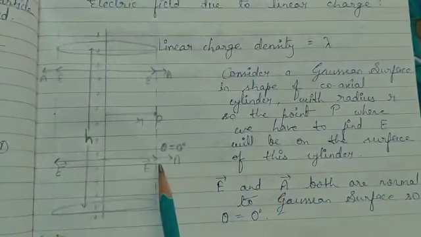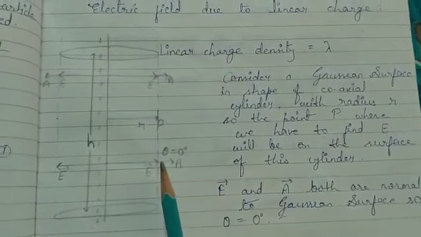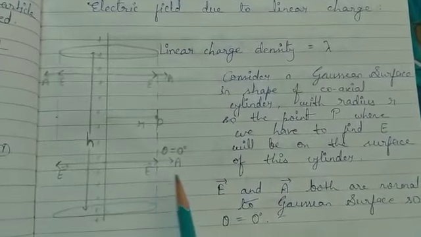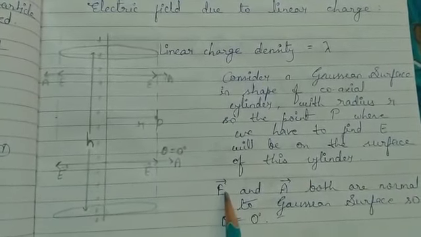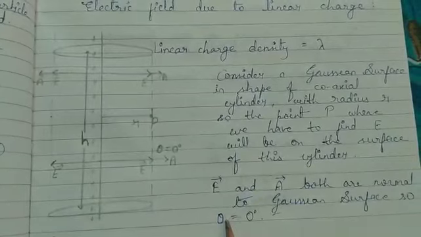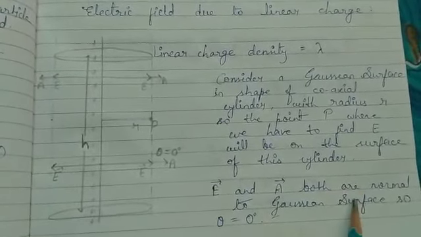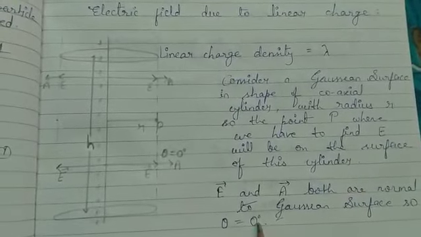So the second condition of the Gaussian surface is also satisfied, that electric field and theta should be constant. E and A both are normal to the Gaussian surface, so theta equals 0 degree.